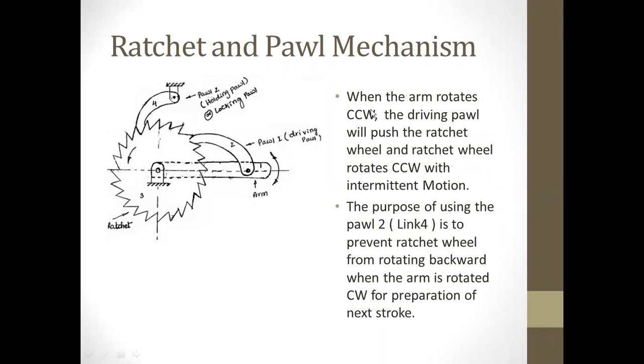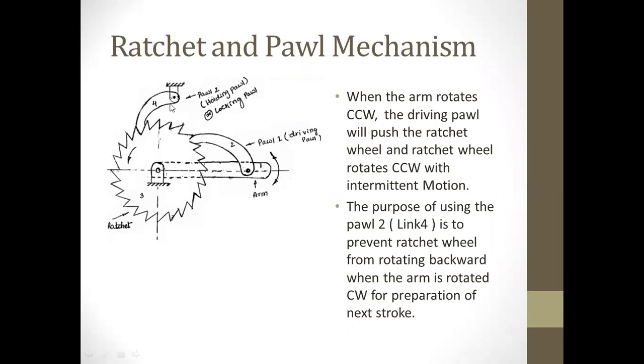When the arm rotates in the counterclockwise direction, the driving pawl will push the ratchet wheel and it rotates counterclockwise with intermittent motion.